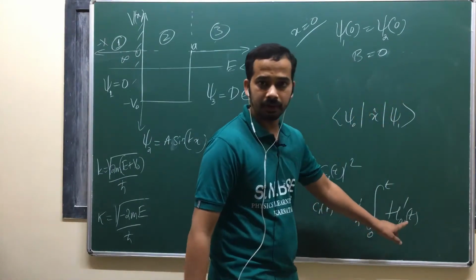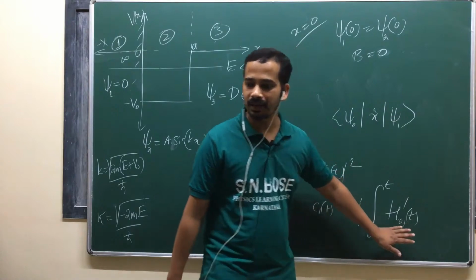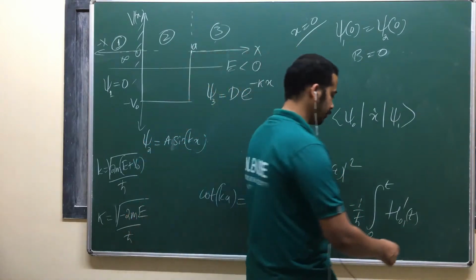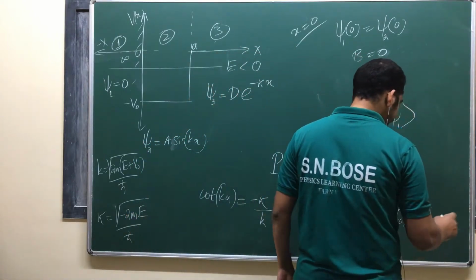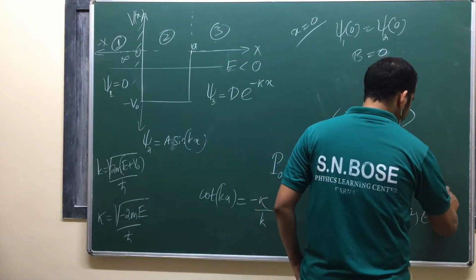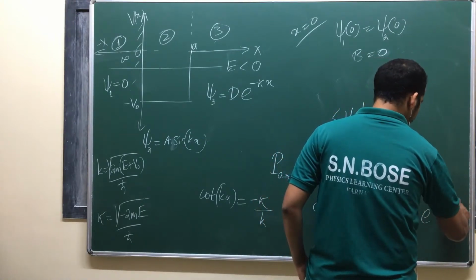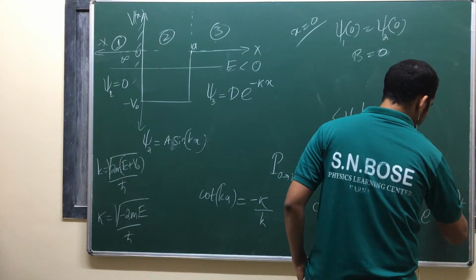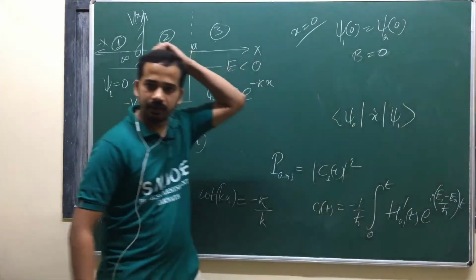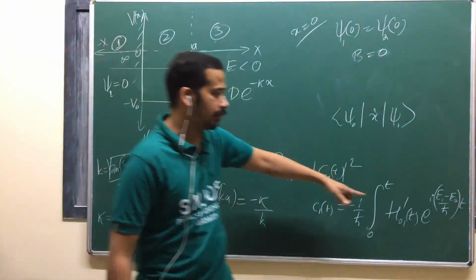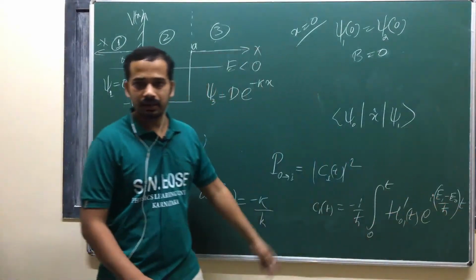This is one inner product, or one matrix element you can say, times e power i (E1 minus E0) by h bar into t. Energy level difference divided by h bar, he calls that omega naught in the theory.